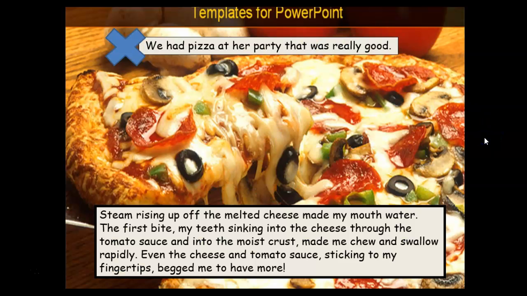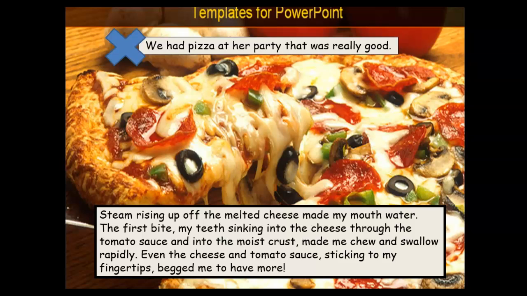Here's another example. "We had pizza at her party that was really good." Okay, so you told, that's telling about your story, the details. So now let's stop and elaborate and try to get the reader to be part of that story, exactly what you were experiencing. Instead of just, "We had pizza at our party that was really good," let's try this.